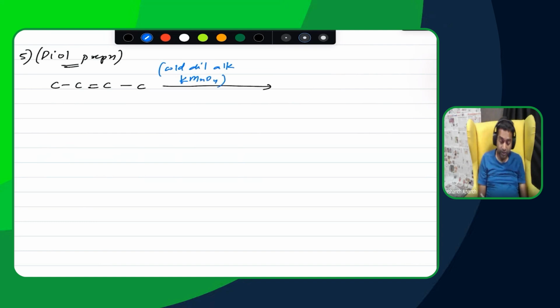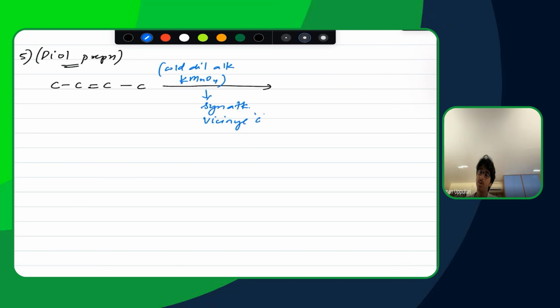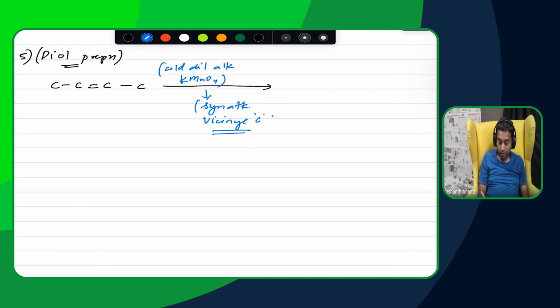When you do this, you have syn attack on vicinal carbons. So this is not the same as normal KMnO4, right? Absolutely not; this is the weakest version of KMnO4.